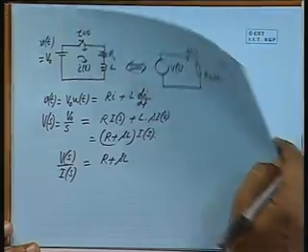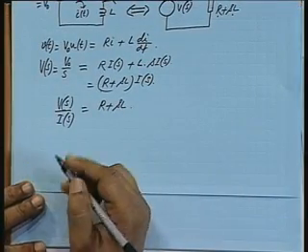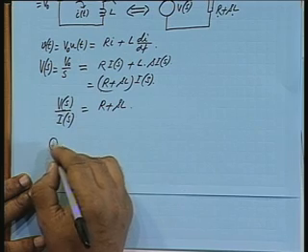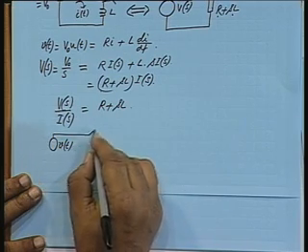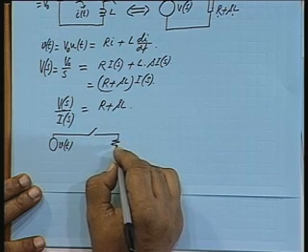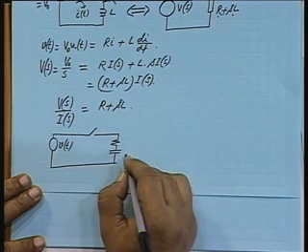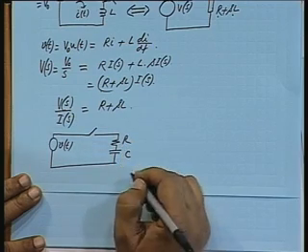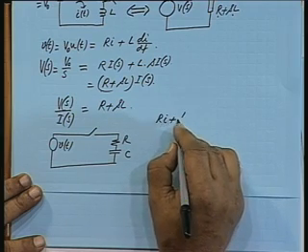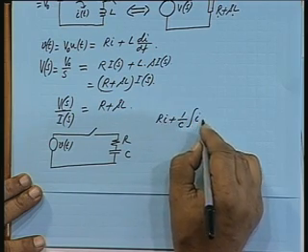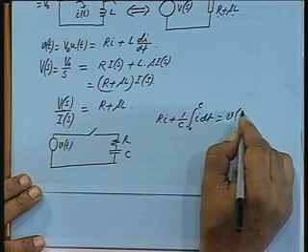In a similar manner, we can show if there is a capacitance, if there is a voltage source here v(t), Ri plus 1 by C integral i dt is equal to the applied voltage.